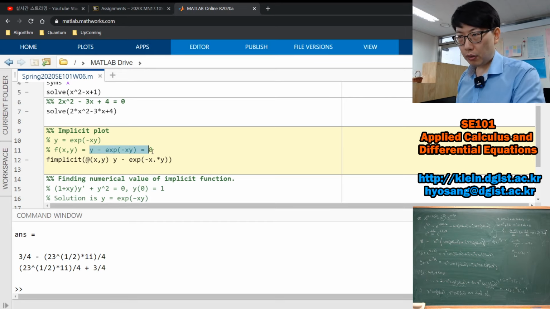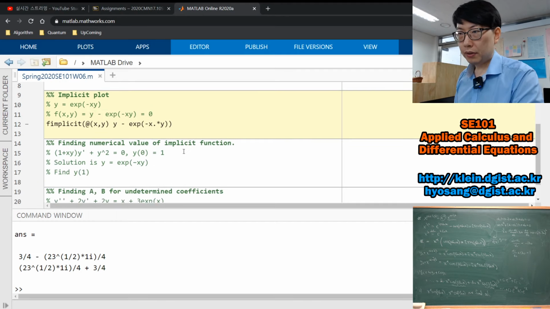I'm using the two-variable function to plot my implicit function because the intersection of this surface with the plane where the function equals 0 is exactly the graph of the implicit function. So that's one way you can do that.